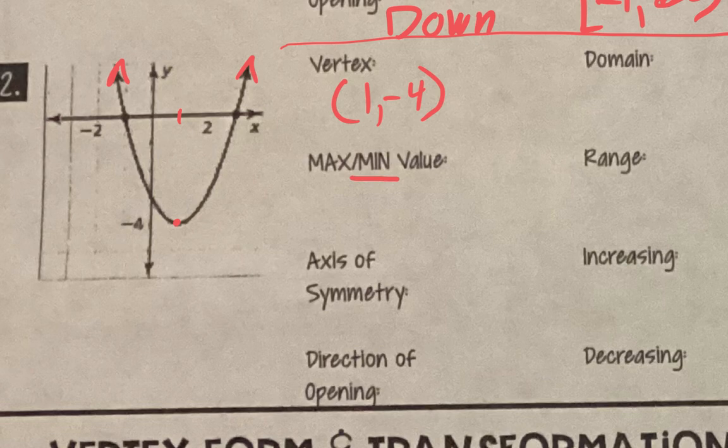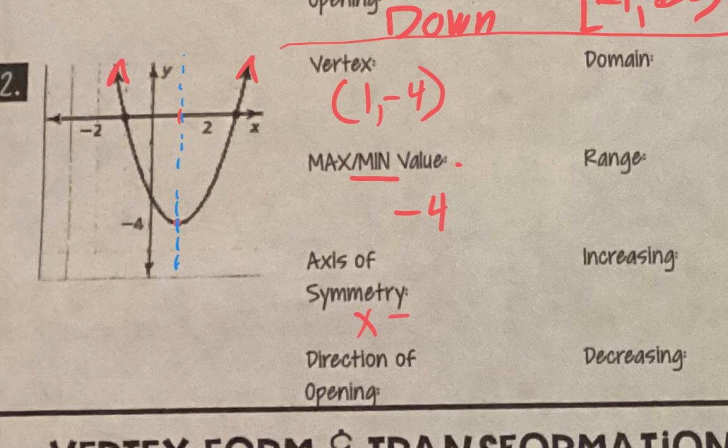So my minimum value is -4. Axis of symmetry, the vertical line going through the vertex. So once again, I am looking for this vertical line.